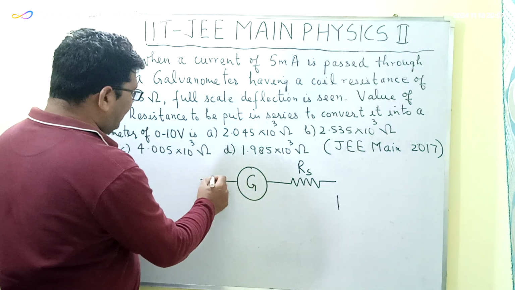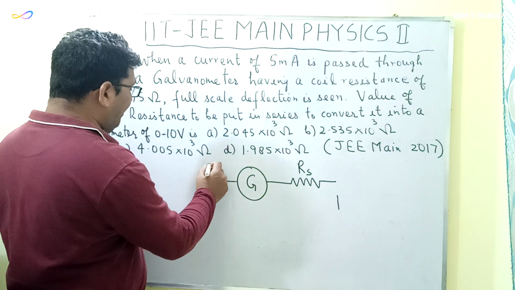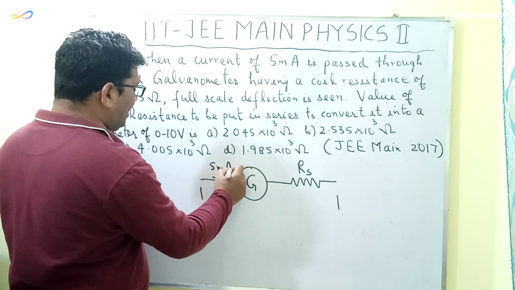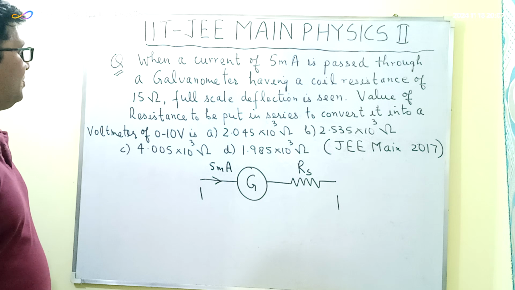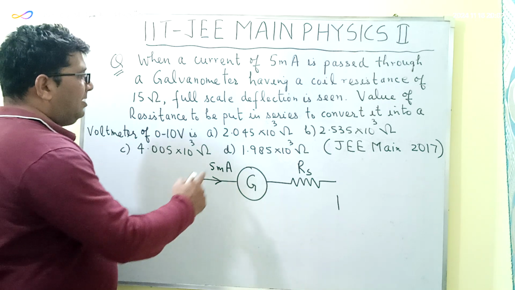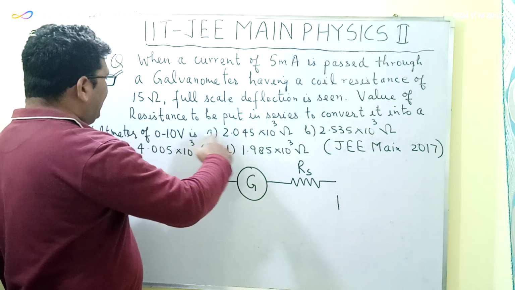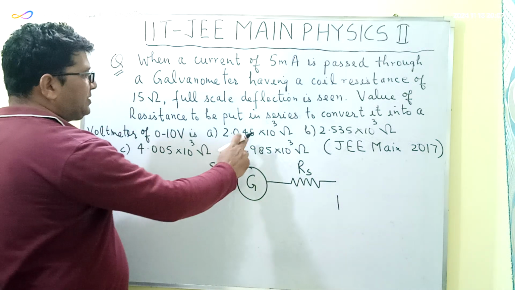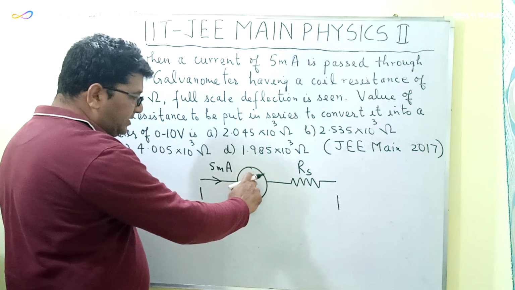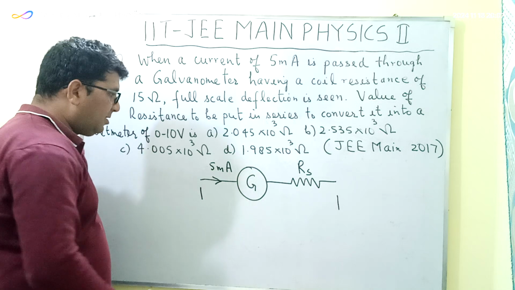Now when a 5 milliampere current is passed through this galvanometer, a full scale deflection is observed. We have to find the value of this resistance which is put in series with this galvanometer.